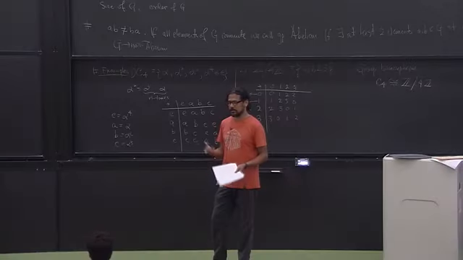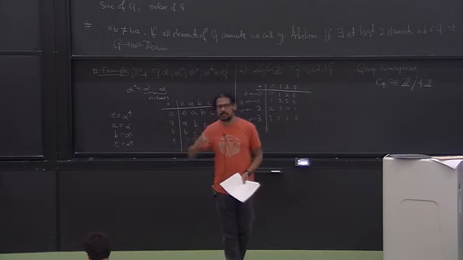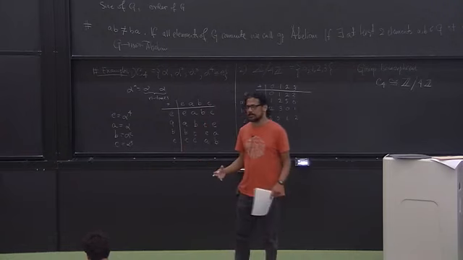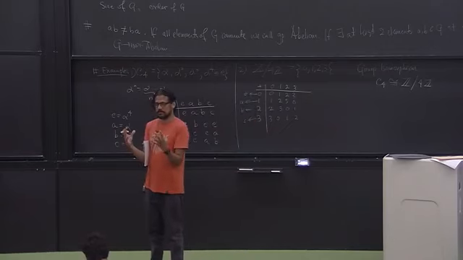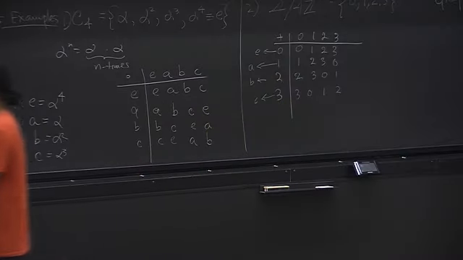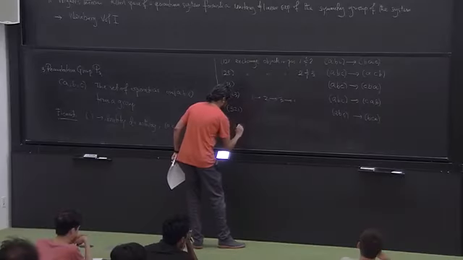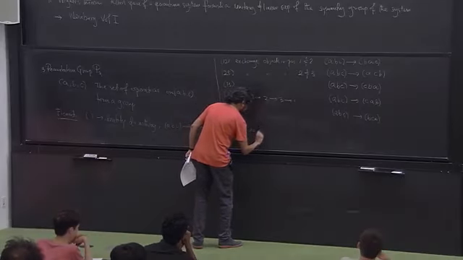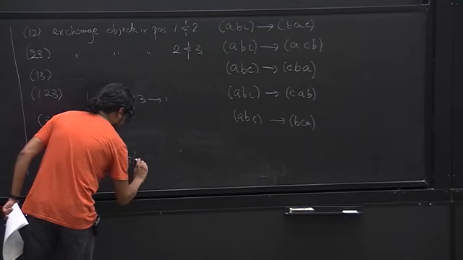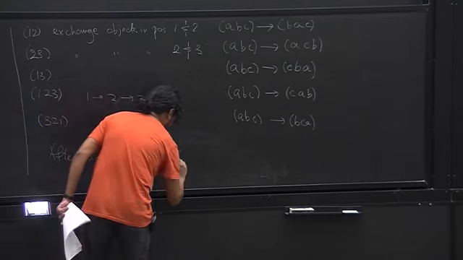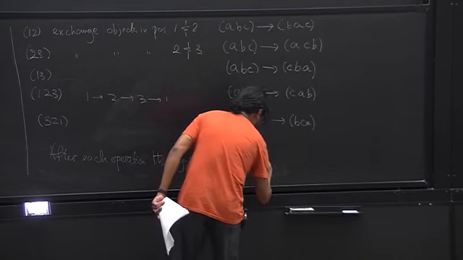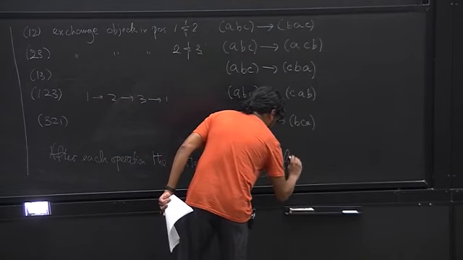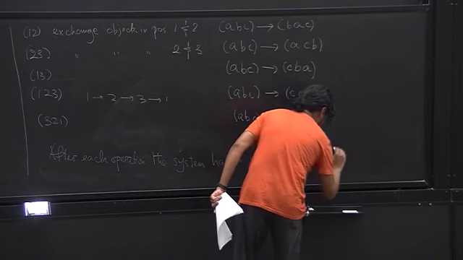Right. Closure means that after every operation we do, the system, which is the collection of 3 objects, has a well-defined configuration. So that's why this forms a group.